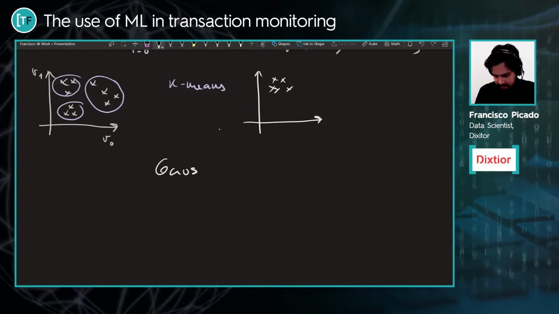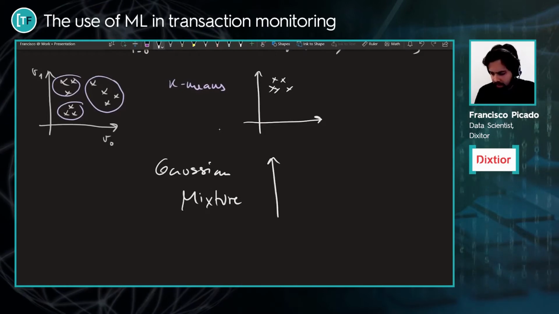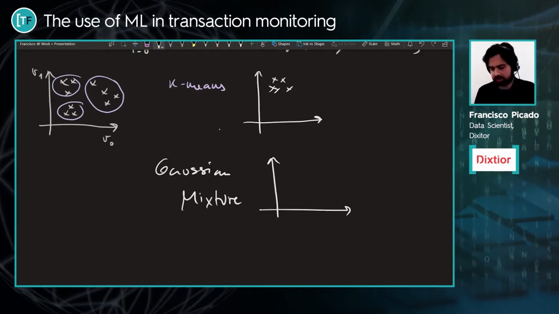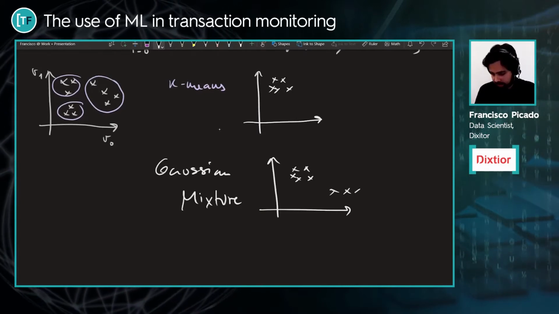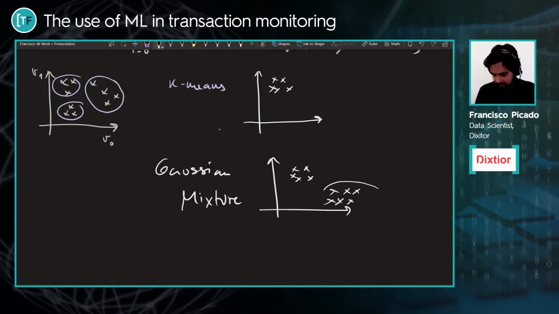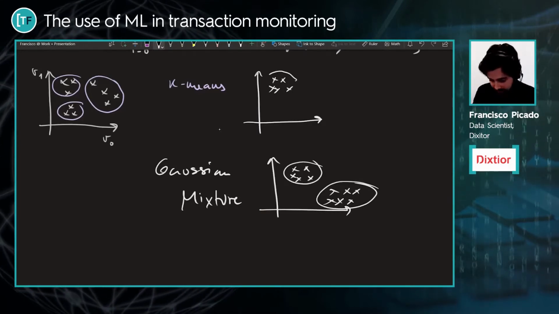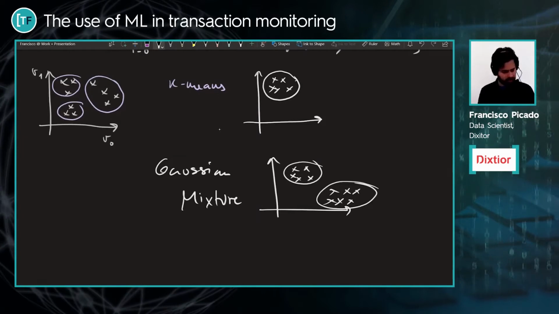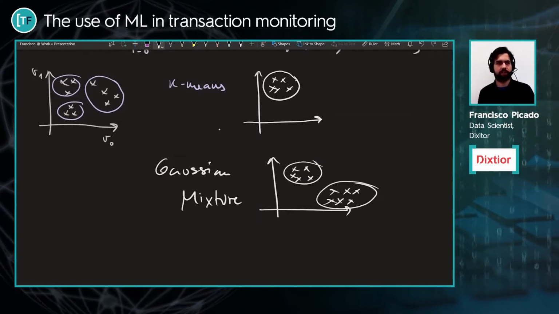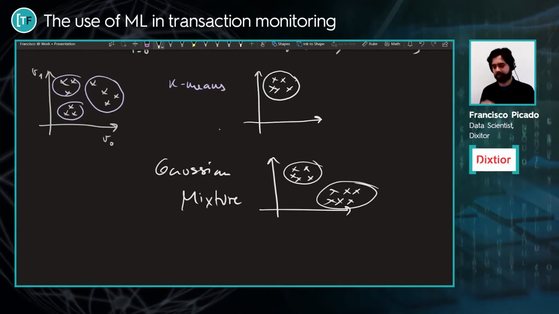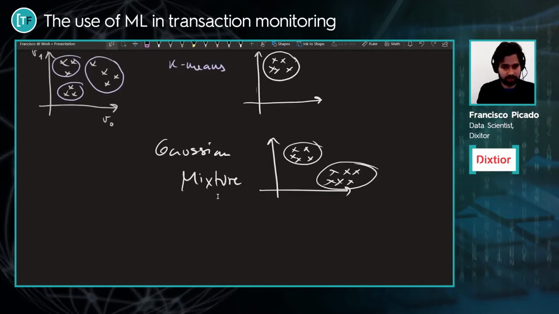The Gaussian mixture is way more flexible because it allows for data to be dispersed in a circular fashion, but also in an elliptical fashion, because after all, an ellipse is just a generalization of the circle. And so we believe that the Gaussian mixture fits our data more nicely, and that's why we use it.